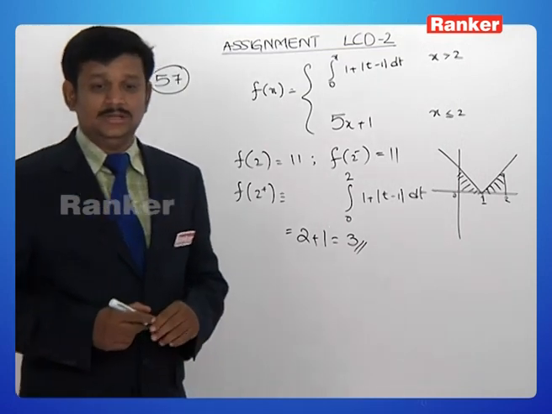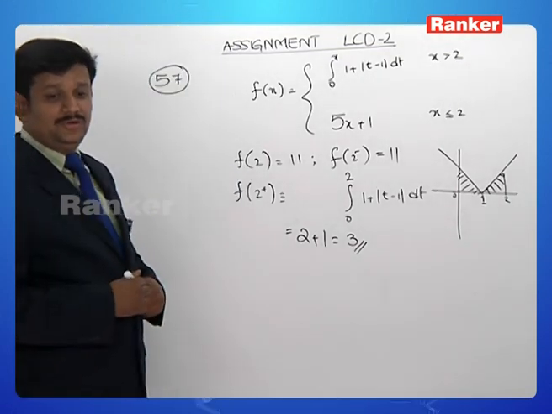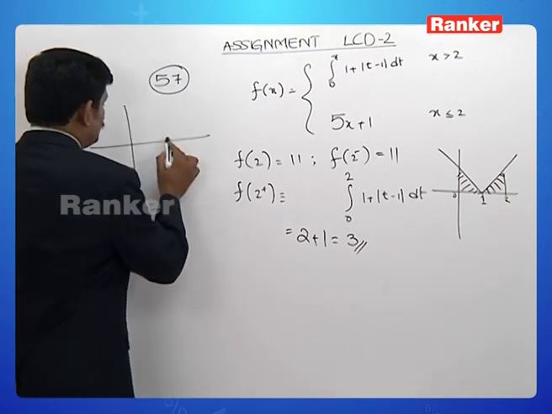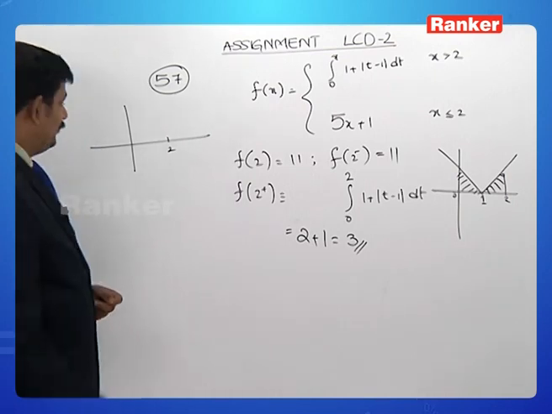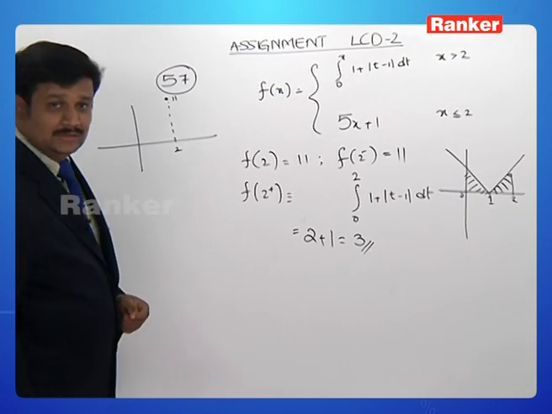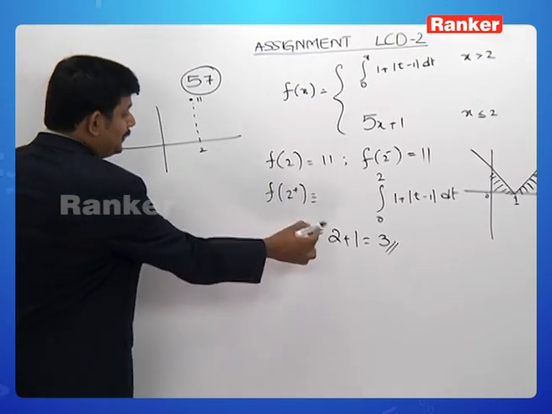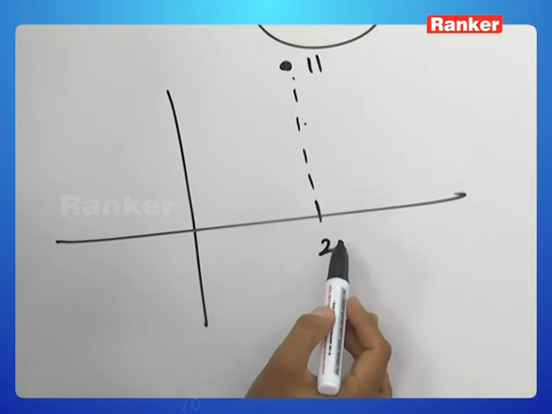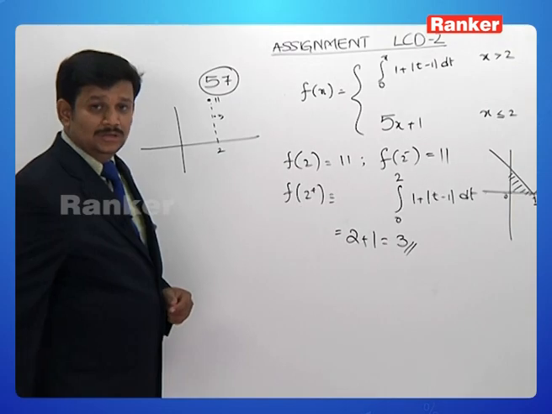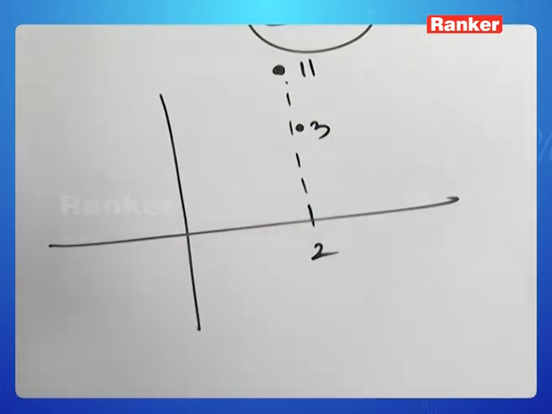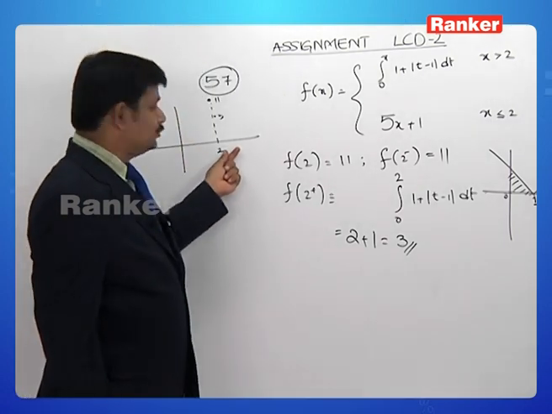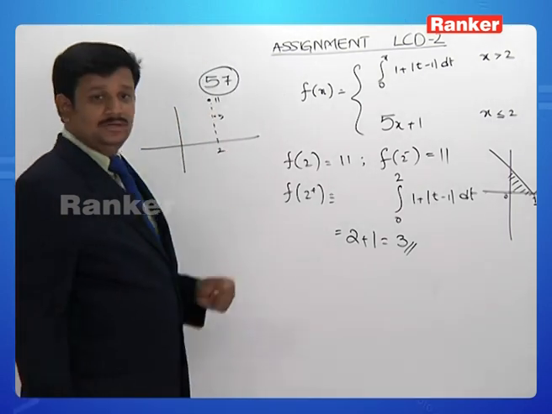C is also false. Let us talk about the right hand derivative of f of x at x equal to 2. It's very interesting. The function value at 2 is 11, and f of 2 plus is 3. Just at the immediate next point after 2, the function value drops to 3. So this jump from 11 to 3 is happening instantaneously. In the very next moment, from 2 to 2 plus, the drop is from 11 to 3.